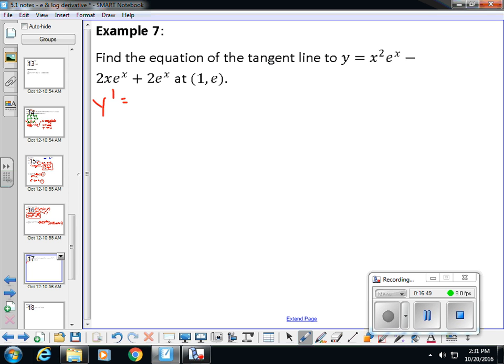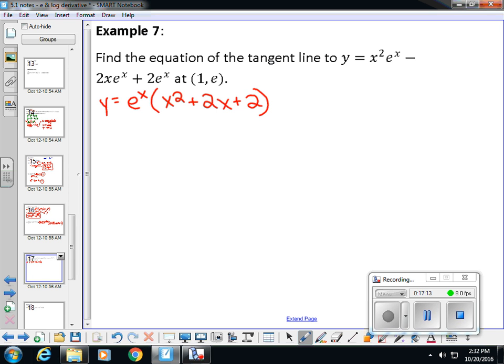But before I actually do that, hopefully we notice to make our life easier, I could pull out what they have in common. So if you actually factor out an e to the x here, then we only have to do one product rule, as opposed to doing 2 of them.